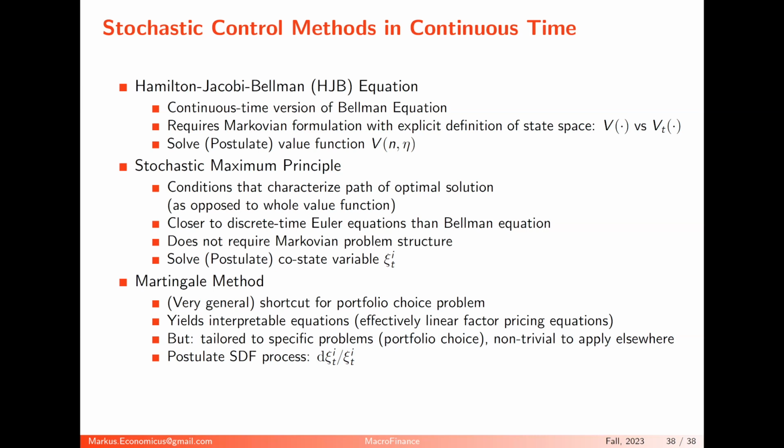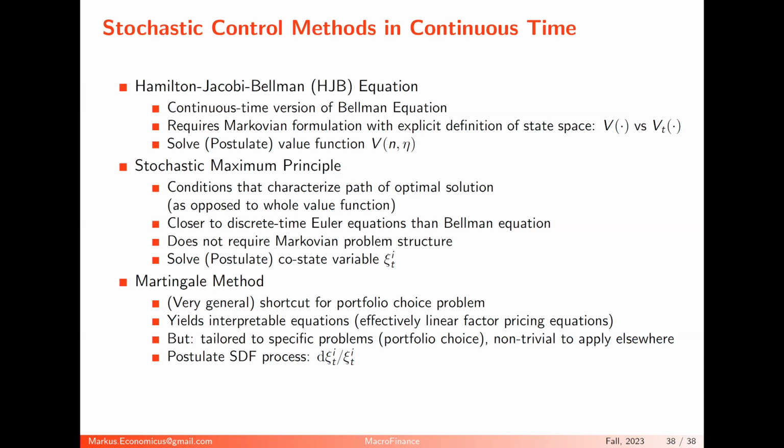Then I gave you some hint what the difference is between the HJB approach, prominent in macro, and the stochastic maximum principle approach, where you do everything along the equilibrium path and work with Lagrange multipliers rather than solving the whole global state space specification.